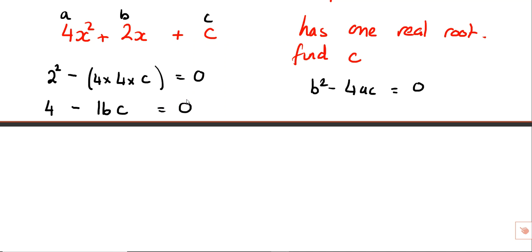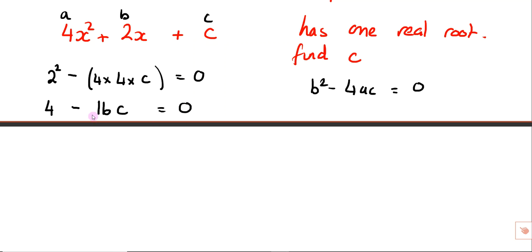What do I do at this stage? I need to isolate the c. Algebra skills. I could minus 4. What would it look like if I minus 4?